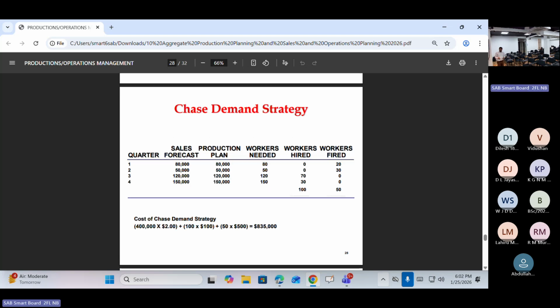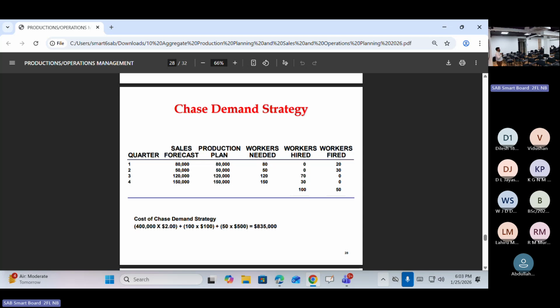Coming to slide number 28, you get the answer. Chase demand. So for each quarter, you follow the same demand and production rate. Chasing the demand. So quarter one, what is the sales forecast? 80,000. What is the production rate?